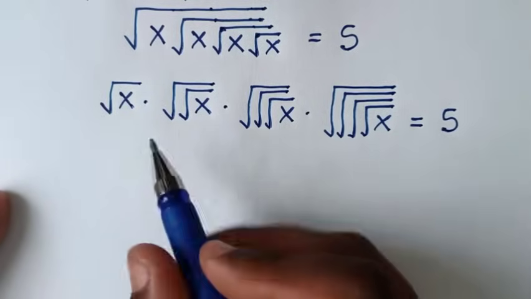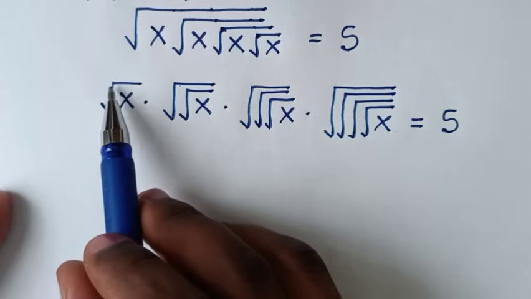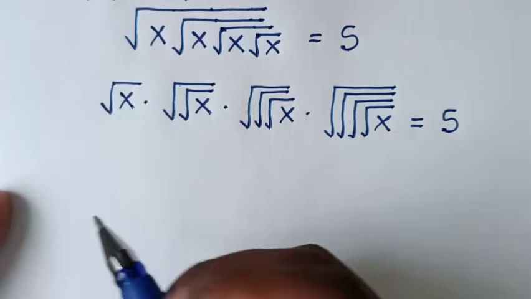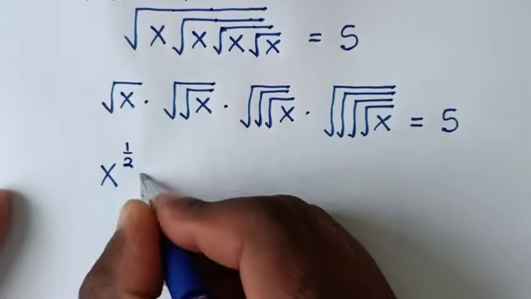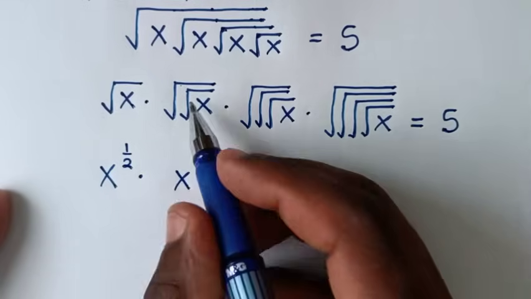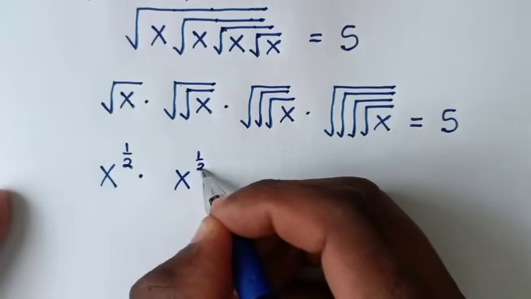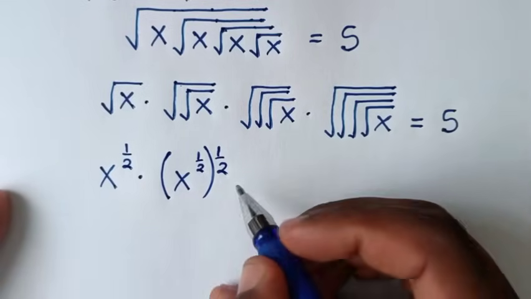Then in the next step, we change these square roots into exponents, whereas square root is the same as power of a half. So it will be x power of a half times this square root, so it will be x, this square root is power of a half, then bracket, this square root is power of a half.